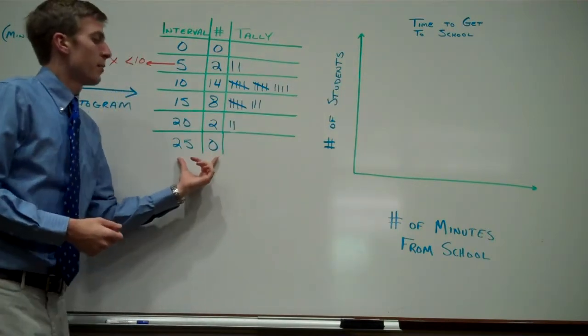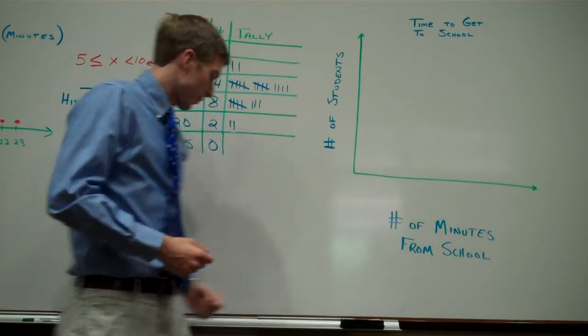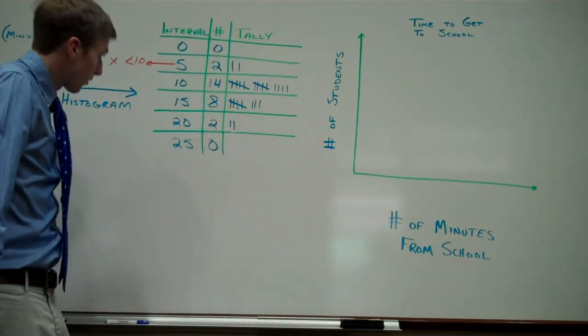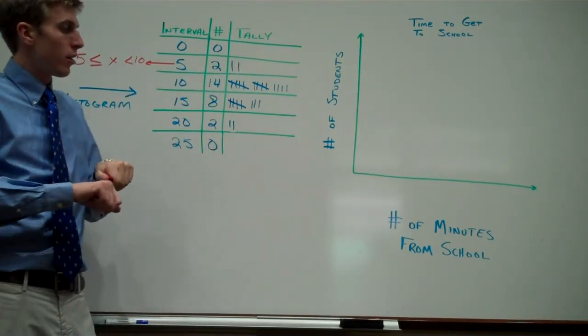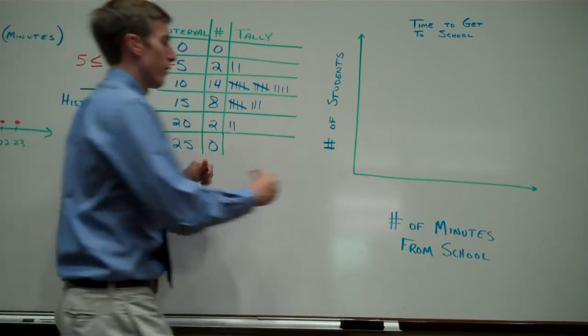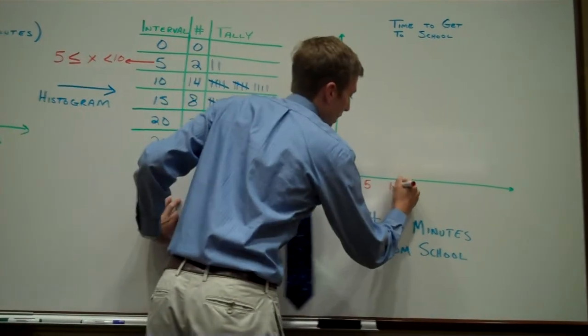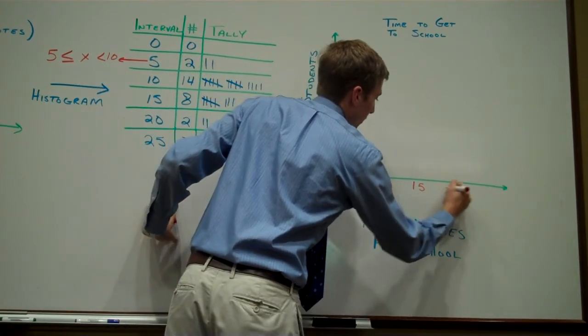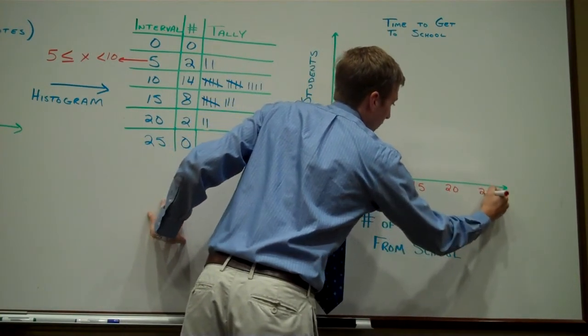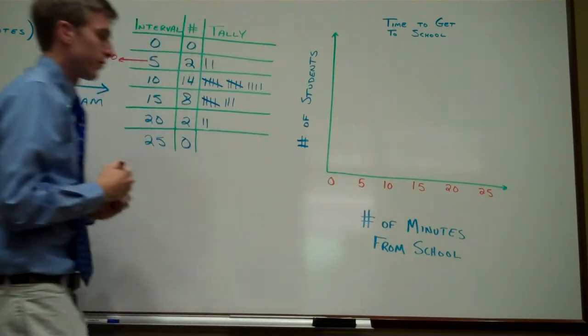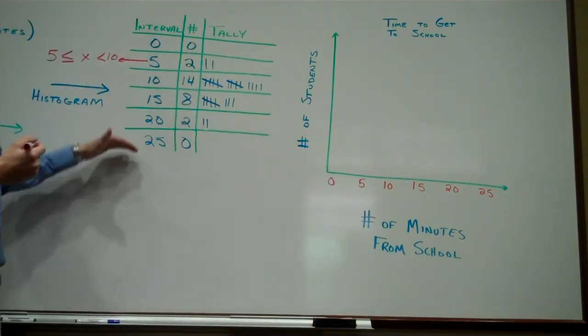So using this table, we can complete this graph. On the x-axis, we want to write our intervals. So we went from 0 to 5, 10, 15, 20, and 25. Those were the intervals we have from our table.